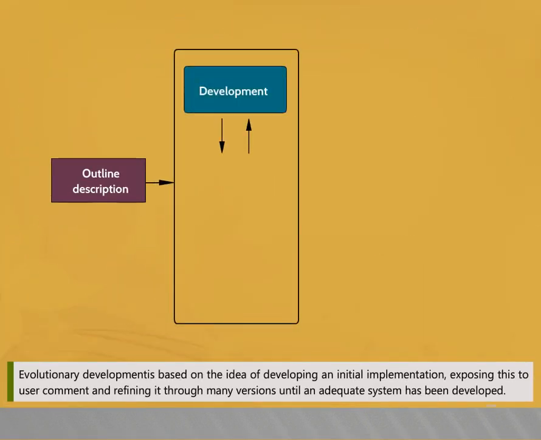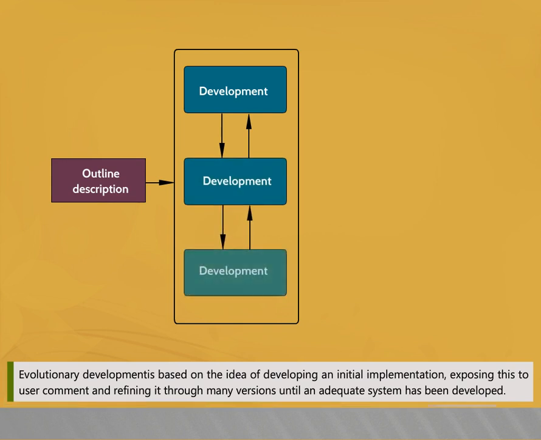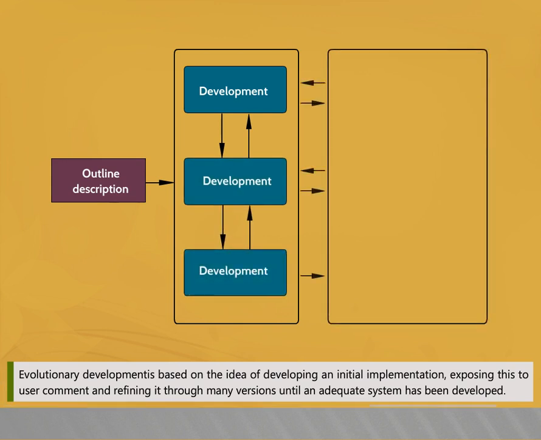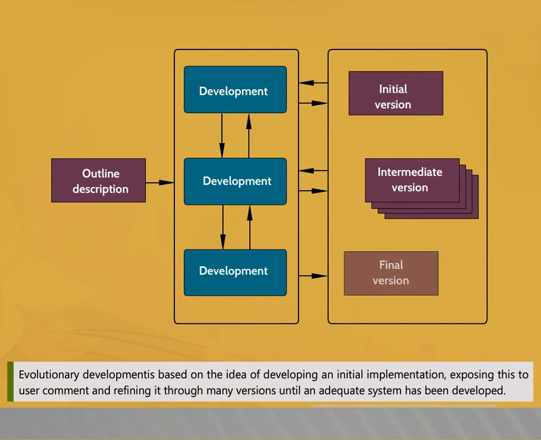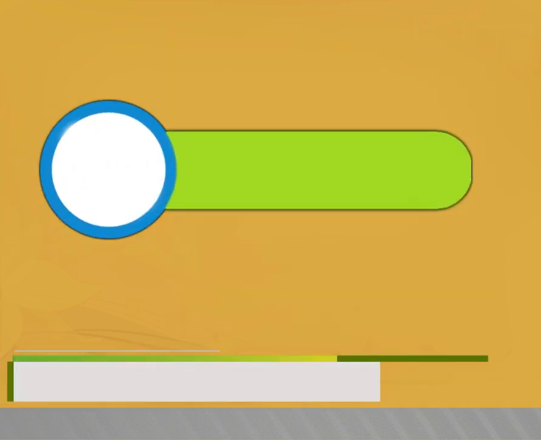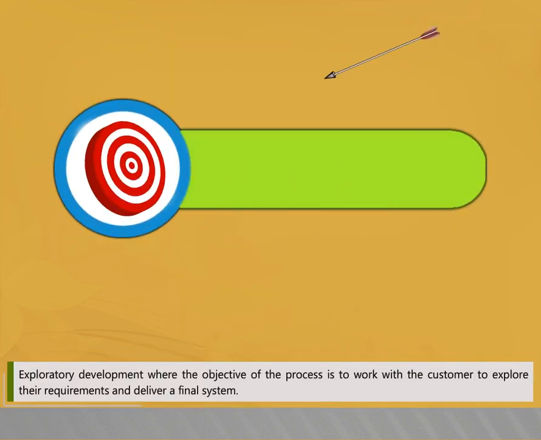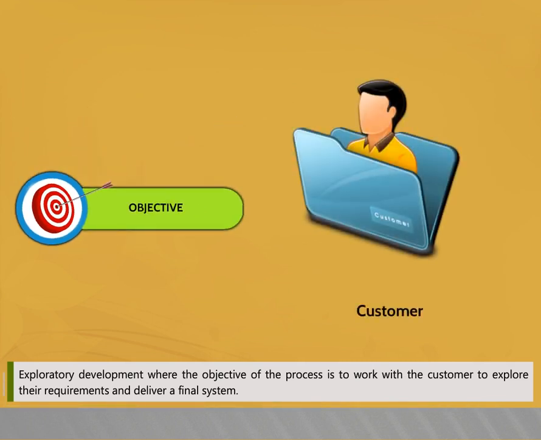Evolutionary development is based on the idea of developing an initial implementation, exposing this to user comment, and refining it through many versions until an adequate system has been developed. Exploratory development, where the objective of the process is to work with the customer to explore their requirements and deliver a final system.